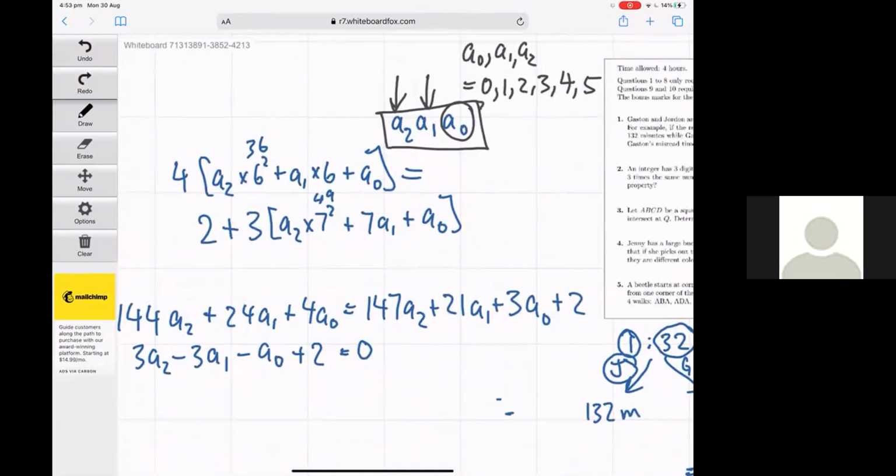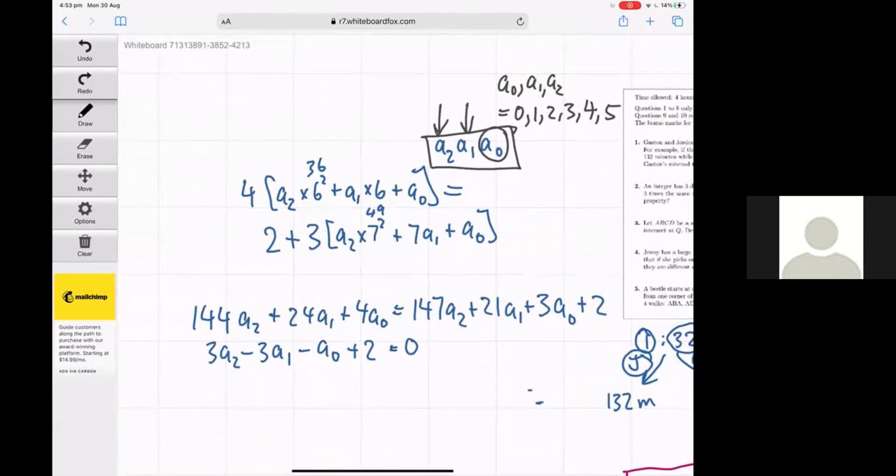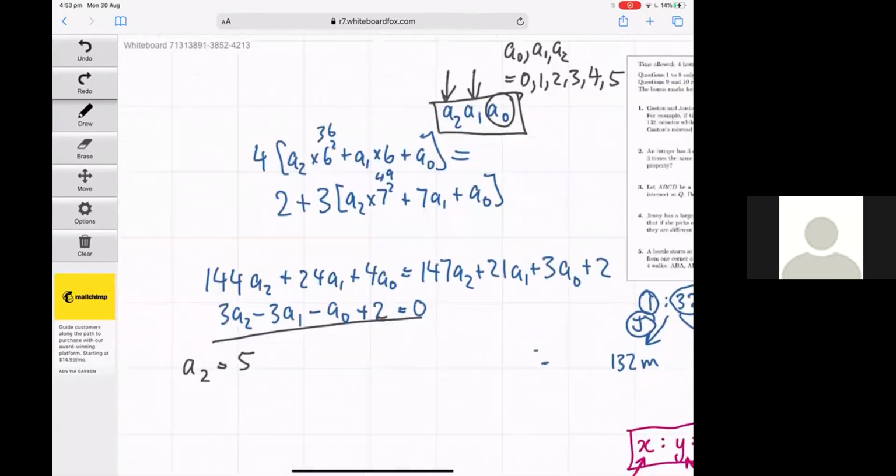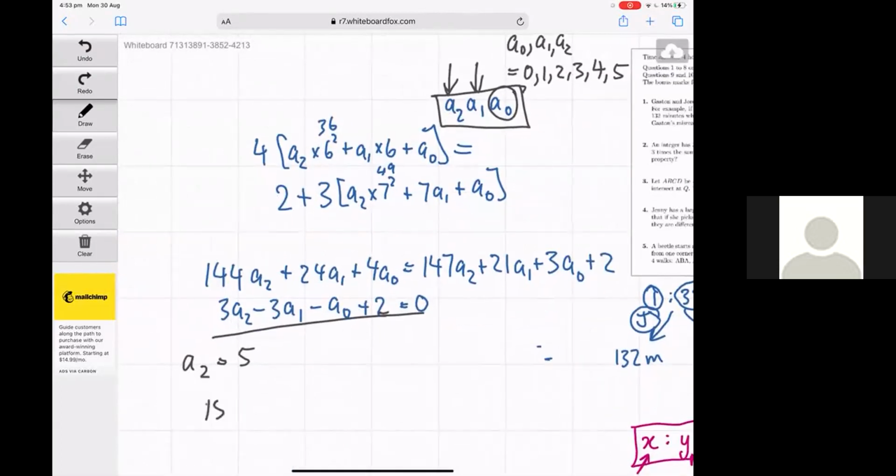So I've got this condition here and I want to maximize. The first thing is, of course, I want to prioritize my greatest place value, so I want A2 to be as big as possible. So I'm going to say let A2 equal 5. Then we get 15 minus 3A1 minus A0 plus 2 is equal to 0.